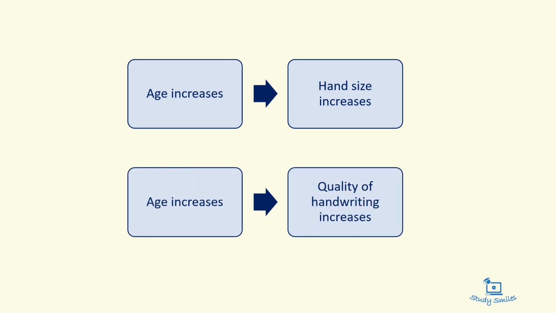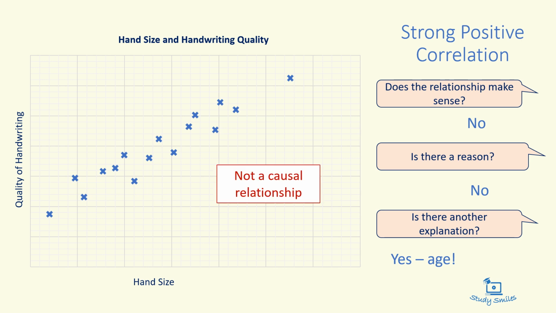As age increases, quality of handwriting increases, particularly if the sample on which this scatter diagram is based was on children. So age is a third factor that could affect both hand size and quality of handwriting. The strong correlation then is not a causal relationship. Hand size does not cause better handwriting.